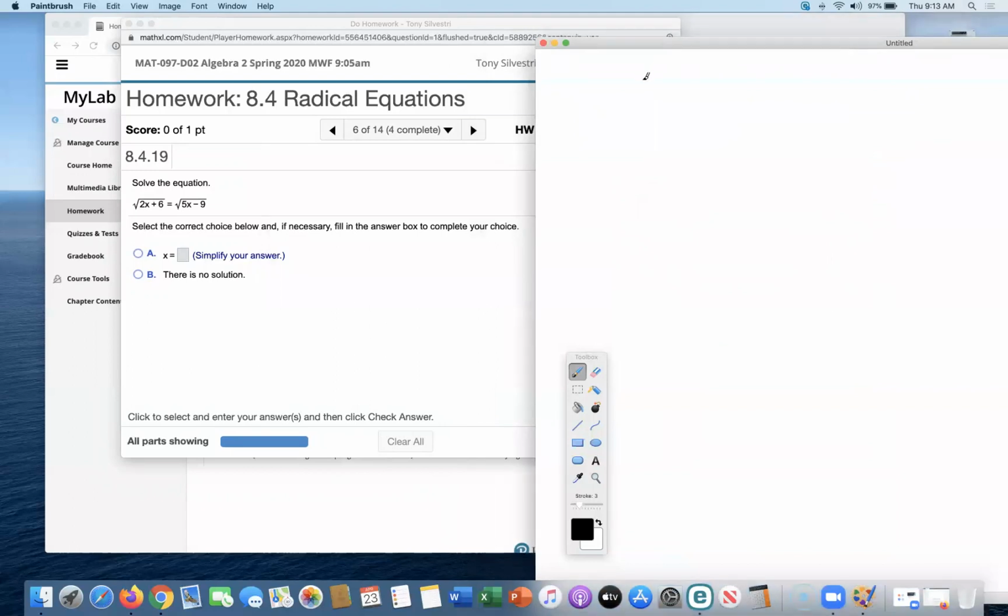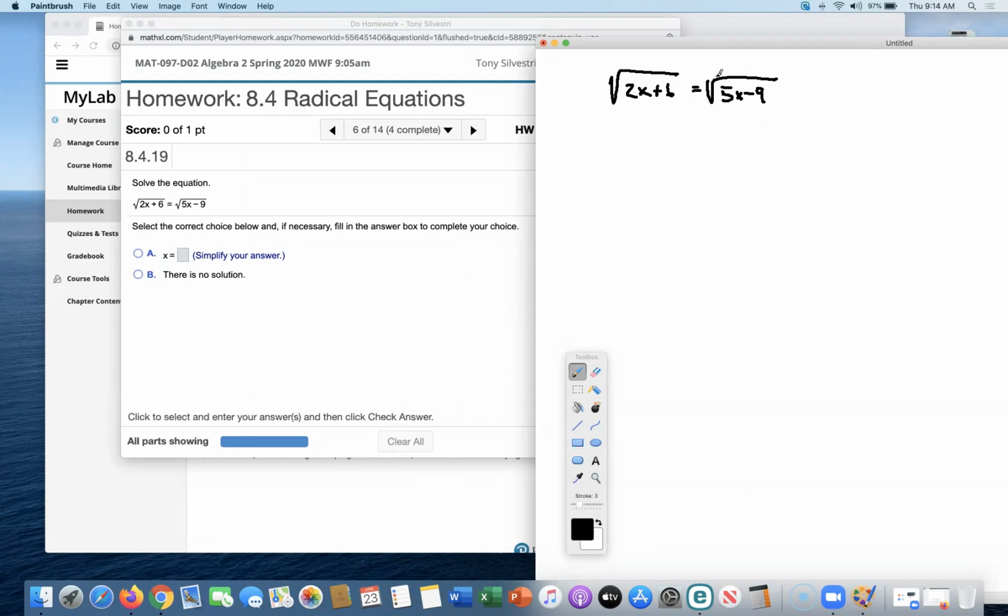Square root of 2x plus 6 equals square root of 5x minus 9. What are you going to do?